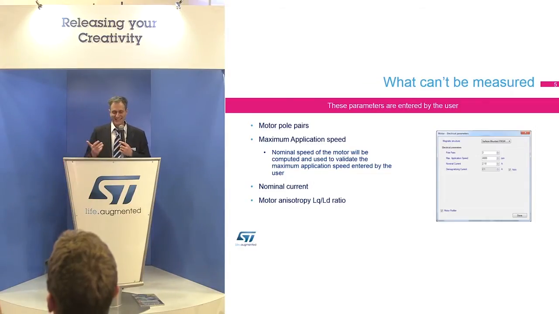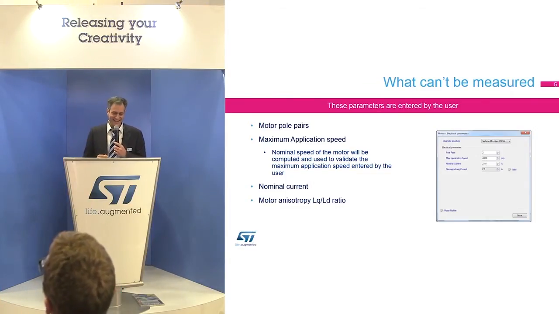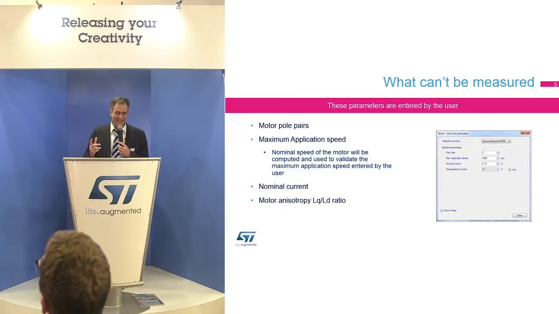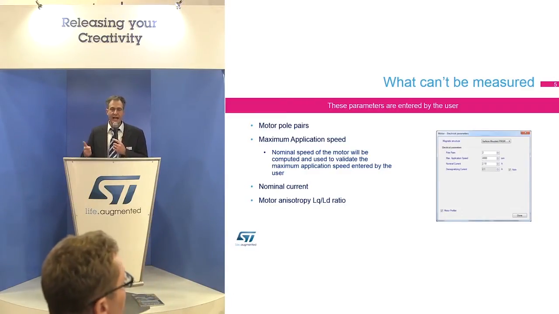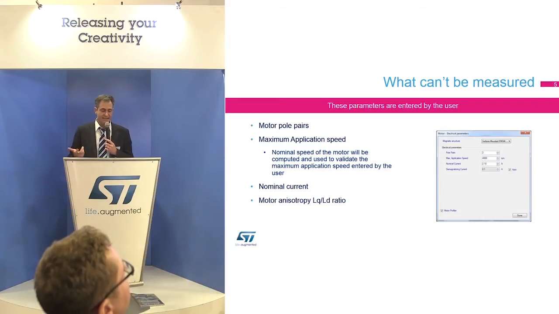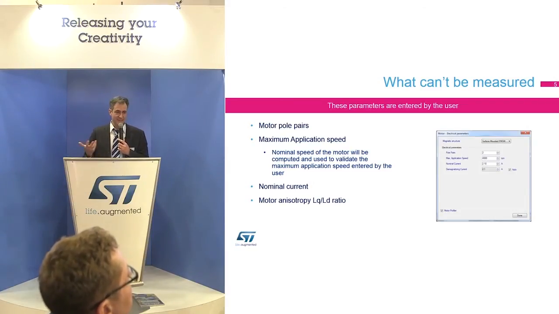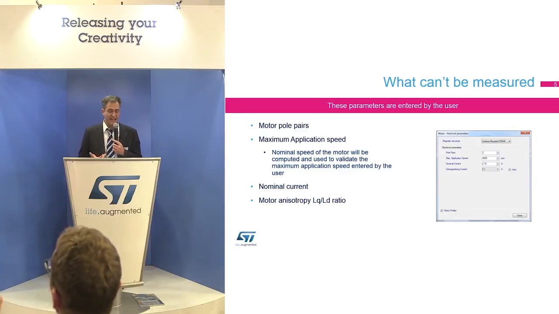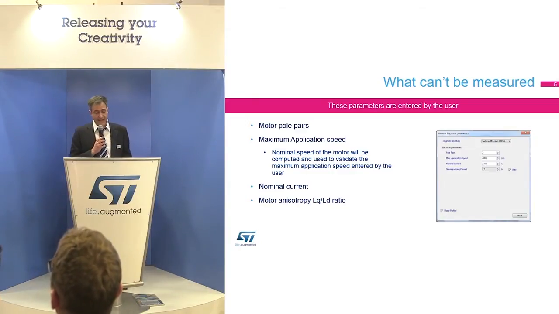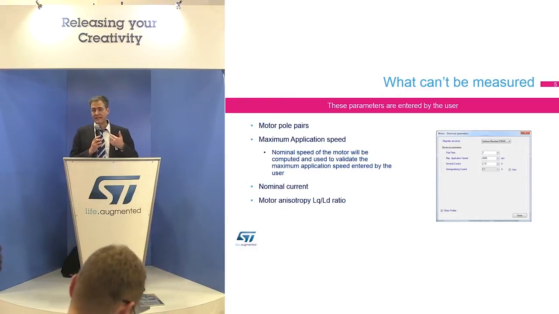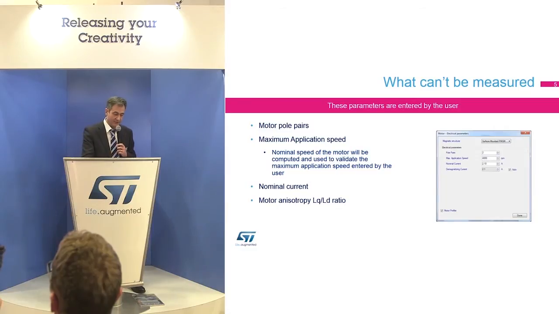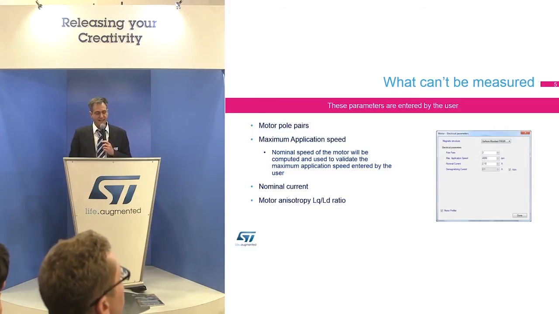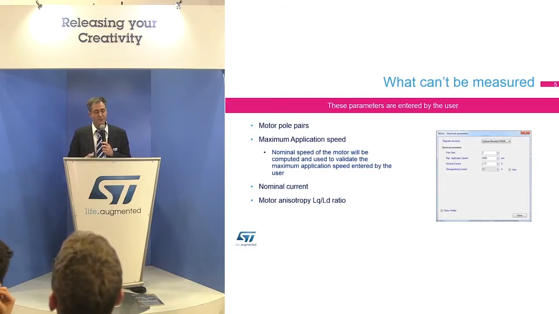So we don't ask for the measurement of resistance or inductance, but we ask the user to insert in the configurator the number of pole pairs of the motor, the application maximum speed at which the customer wants to run this motor, and the nominal current of the motor, because it's not possible to measure the nominal current of the motor. And if it is the case, the user can also insert the anisotropy of the motor.